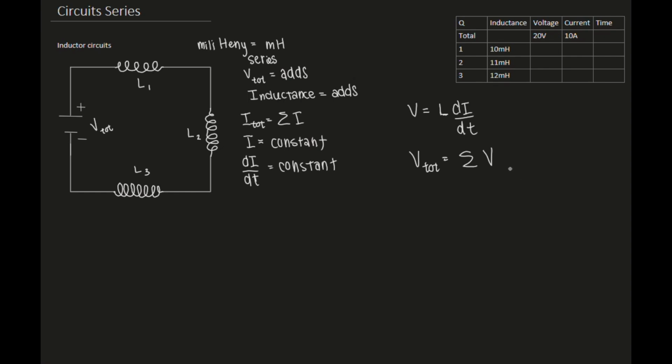So we're going to first figure out the total inductance. The equivalent inductance or total inductance is equal to L1 plus L2 plus L3. In this case, that's 10 millihenries plus 11 millihenries plus 12 millihenries, which gives a total inductance of 33 millihenries.